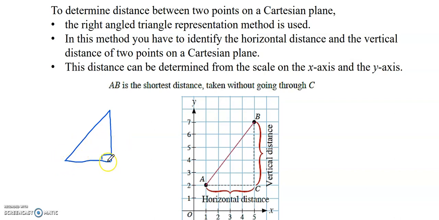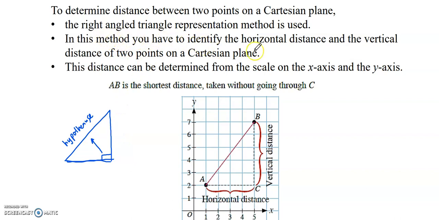So we call it a right angle triangle. The side opposite the 90 degree, that one we call hypotenuse. You learn hypotenuse in Pythagoras theorem. So once you draw the right angle triangle, you can determine the line AB, which is the hypotenuse, by using Pythagoras theorem.